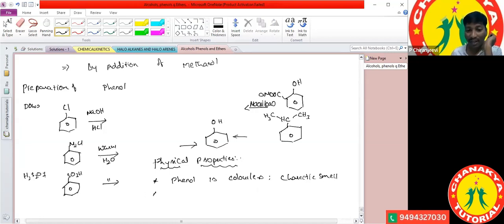It is highly corrosive with skin. So what is meant by the corrosive nature? Sulfuric acid is highly corrosive, phenol is also highly corrosive, and sodium hydroxide also has a corrosive nature with the skin.